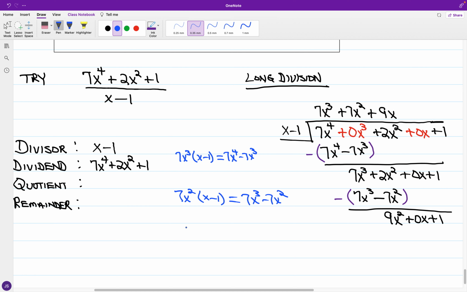Now we have x into 9x squared. So we have 9x times. Okay, so we distribute. So we have 9x squared minus 9x.